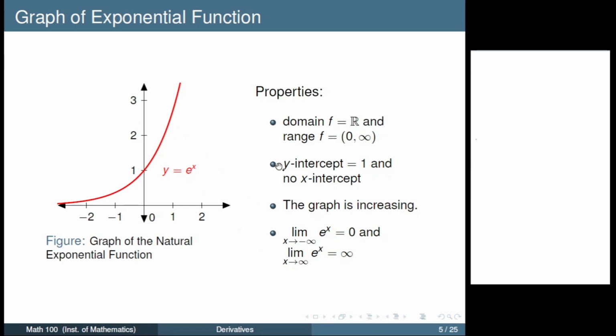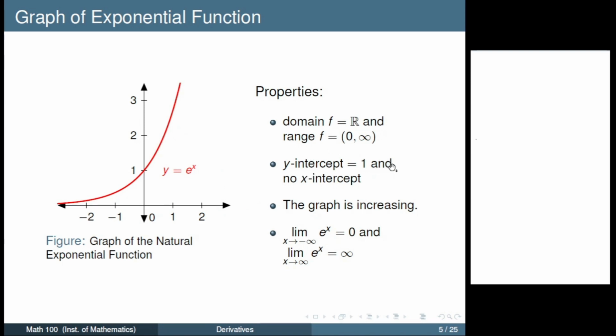And yung range natin, ma-observe natin nasa positive y-axis lang siya, no? And therefore, the range of f should be from 0 to infinity. Observe natin ulit na inverse lang siya ng logarithmic. So, kung mapapansin nyo, yung domain ng logarithmic natin ay yung range ng exponential. At yung range ng exponential, siya naman yung domain ng logarithmic function.